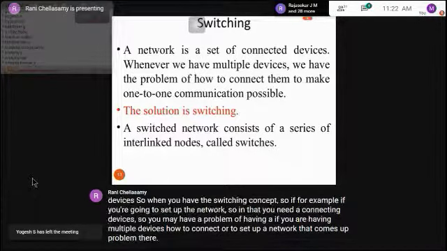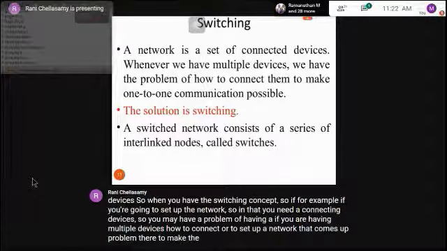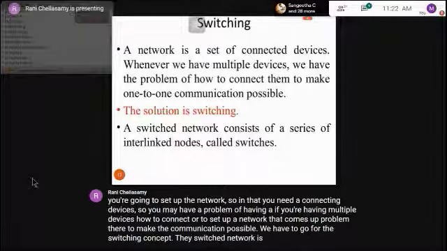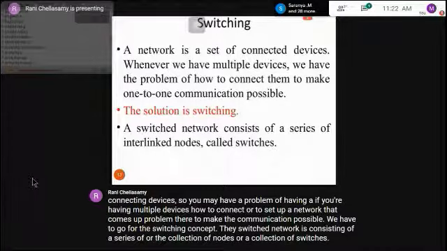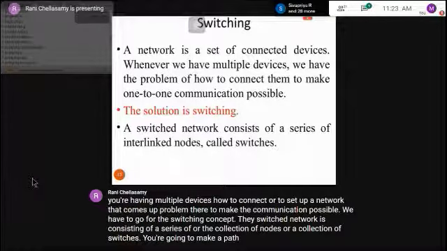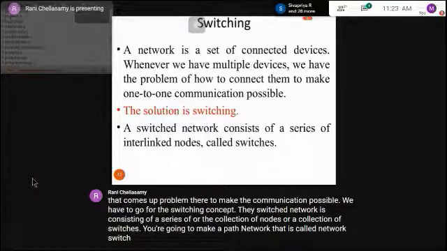To make the communication possible, we have to go for the switching concept. A switch network consists of a series or collection of nodes or switches. When you make up a network from them, it is called a switched network. Okay, this we have seen.